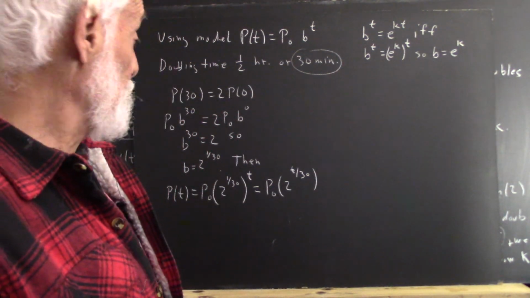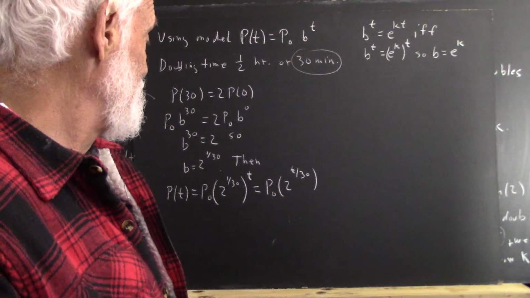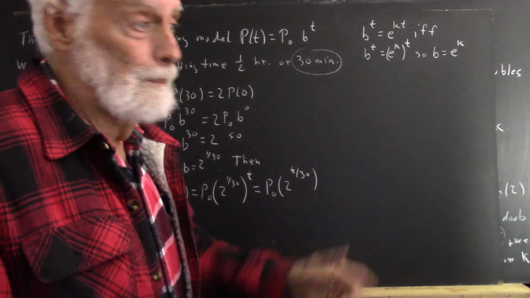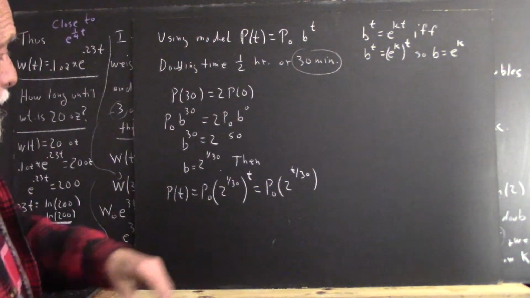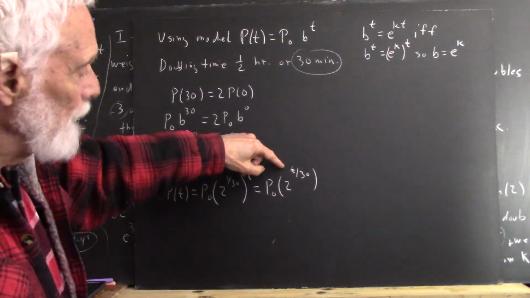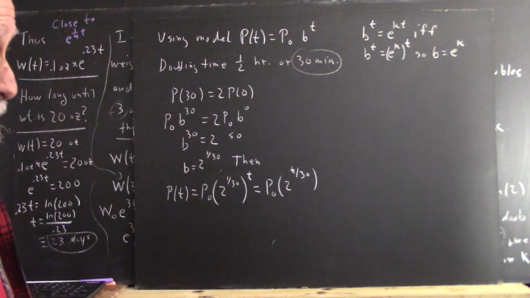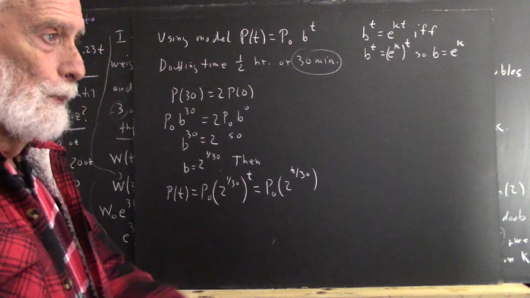They're both good models, and there are advantages to both. In this case, you get 2 to the t over the doubling time. In other words, when t equals the doubling time, that's when you have a doubling. And that's a handy way to look at it.